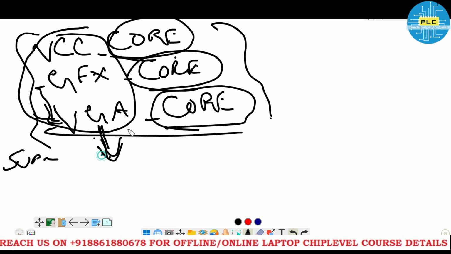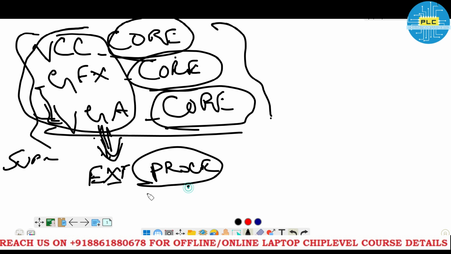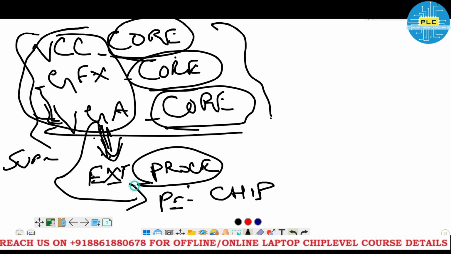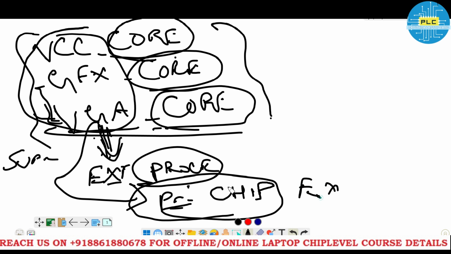VGA in the sense external, apart from the processor. Apart from the processor, a second processor or second chip, it means. Okay, a second processor or second chip, that's called VGA core. It means this one is an external part, not included in VCC core, I mean in the CPU.